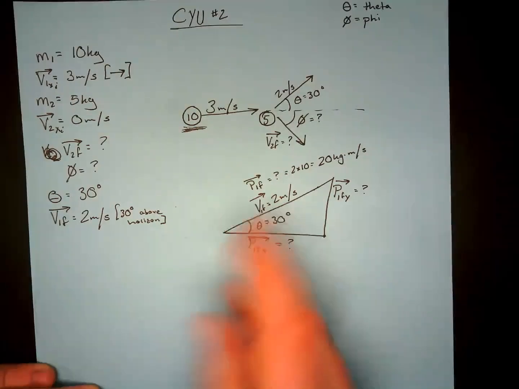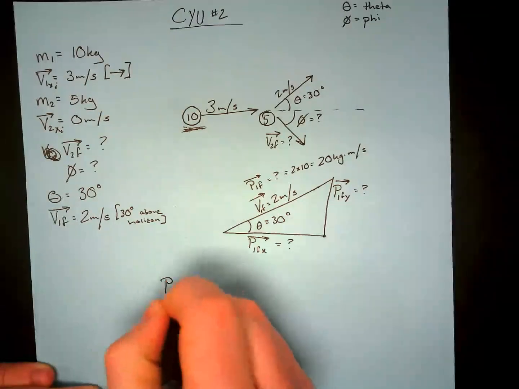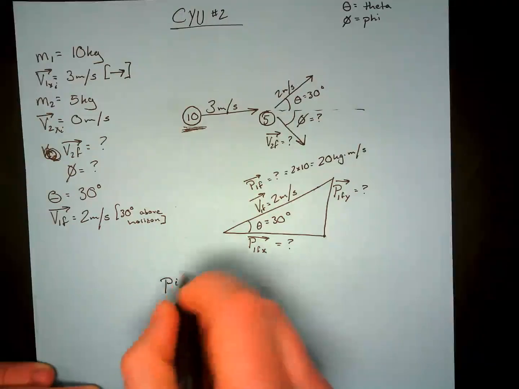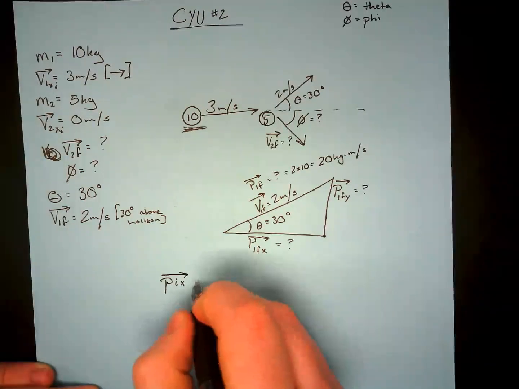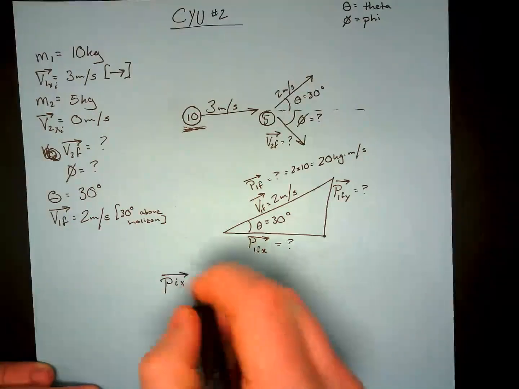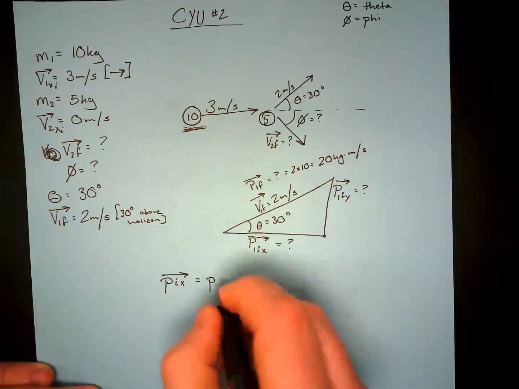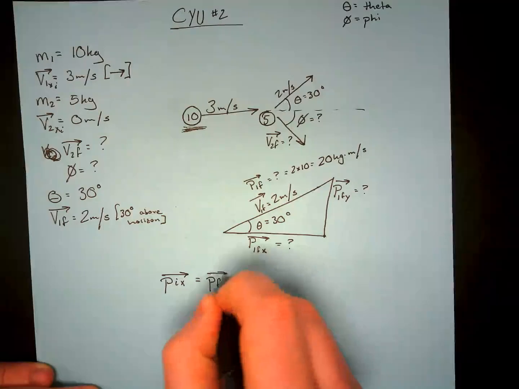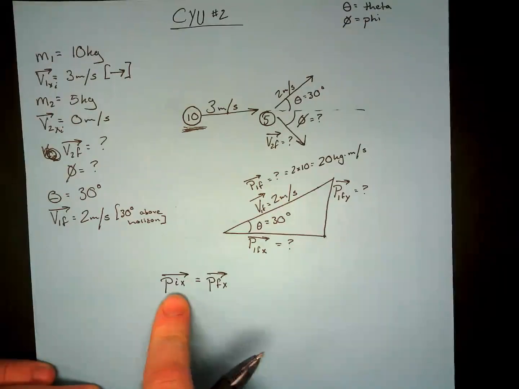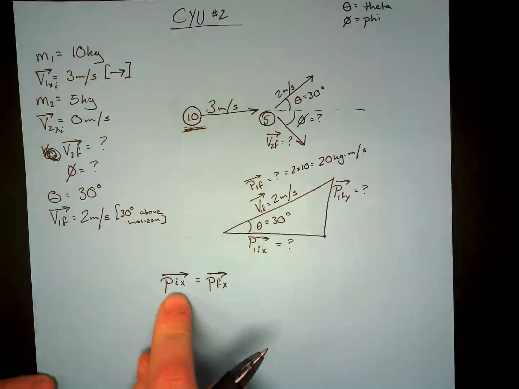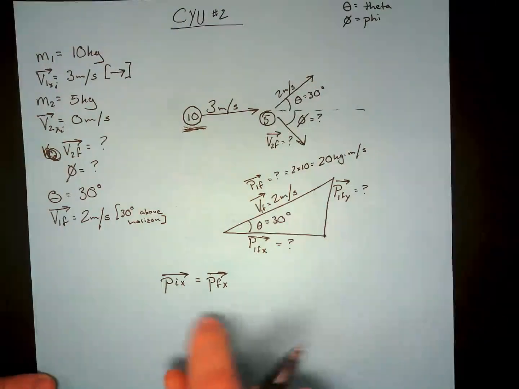So remember, I'll break this down into x, y components. The initial momentum in the x direction is going to be equal to the final momentum in the x direction for both of these situations. We're going to use this guide to make sure we've got this all right.